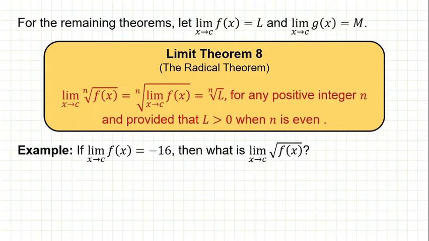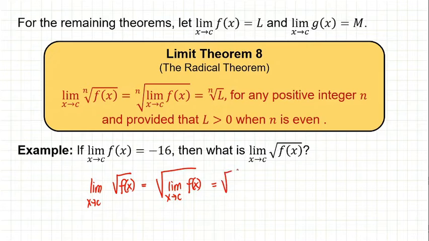Okay? Now let's try this one. What if we have negative 16 as our limit? What will happen? So we have the limit of the square root of f of x. So sulat lang natin, as x approaches c, magiging square root of the limit of f of x as x approaches c. And we have the square root of negative 16.